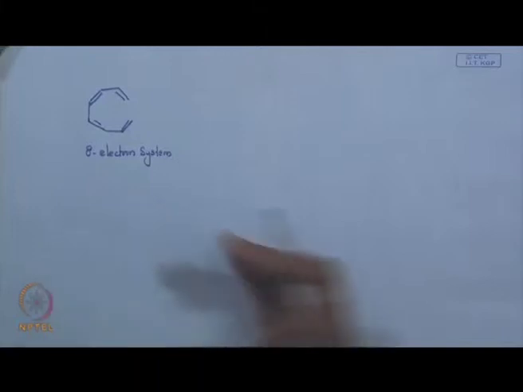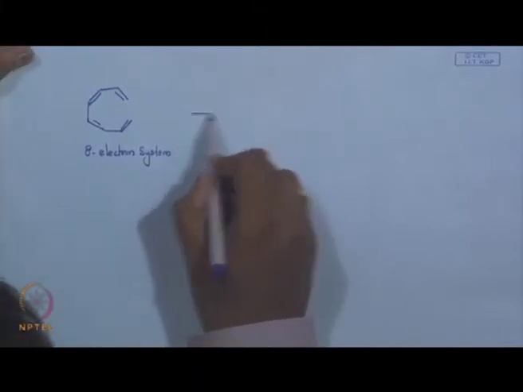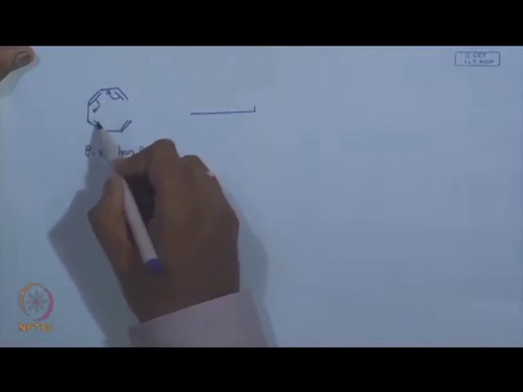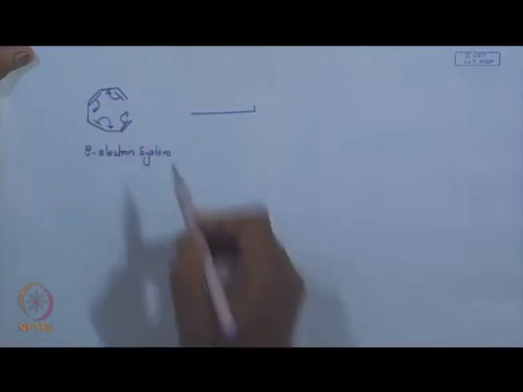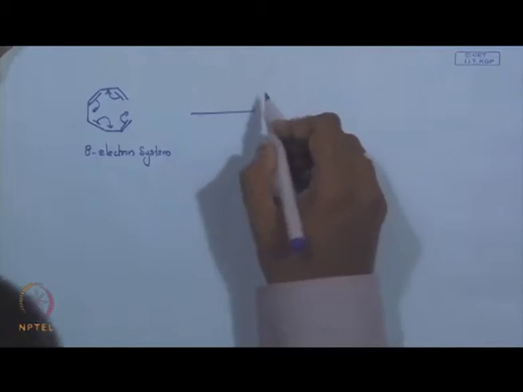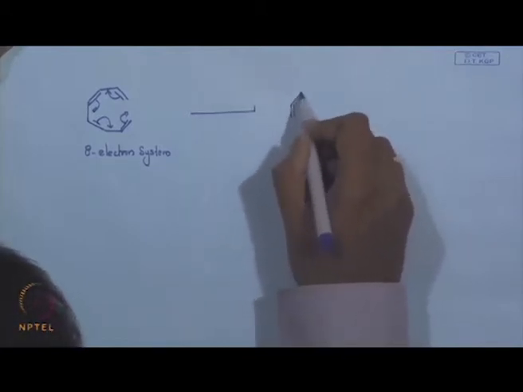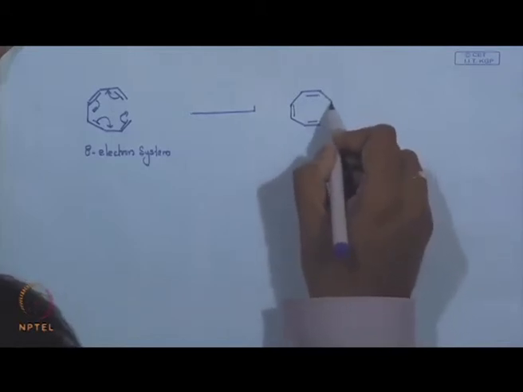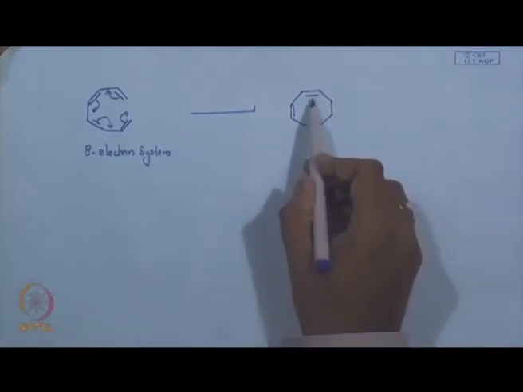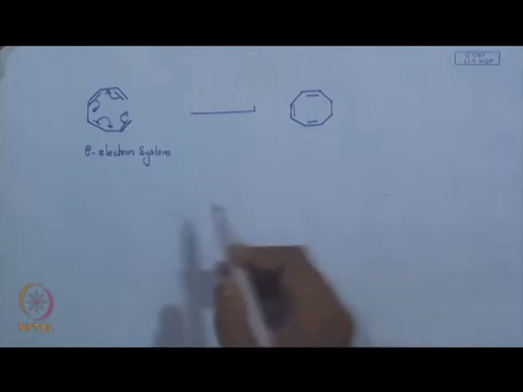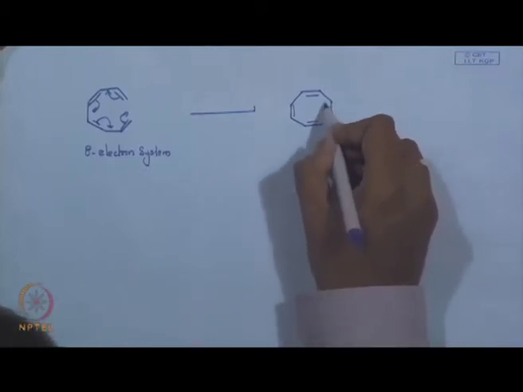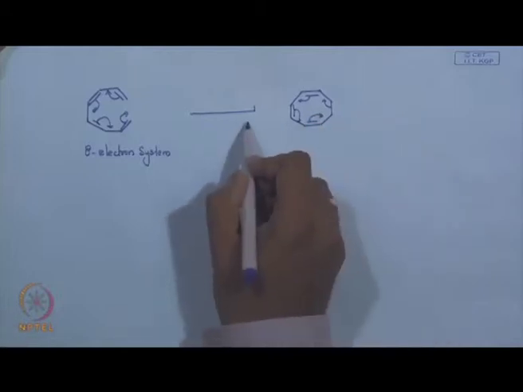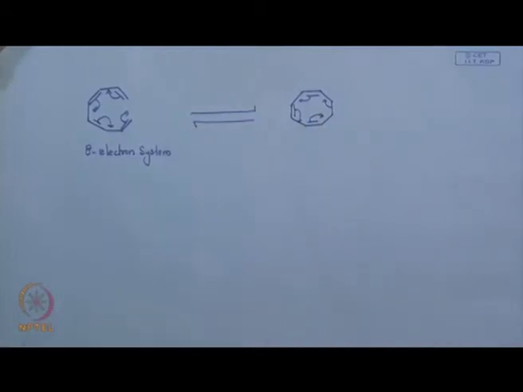So, as I said, the product should have 3 pi bonds and 1 extra sigma bond. And as I already said, these reactions are reversible to give back my starting material.